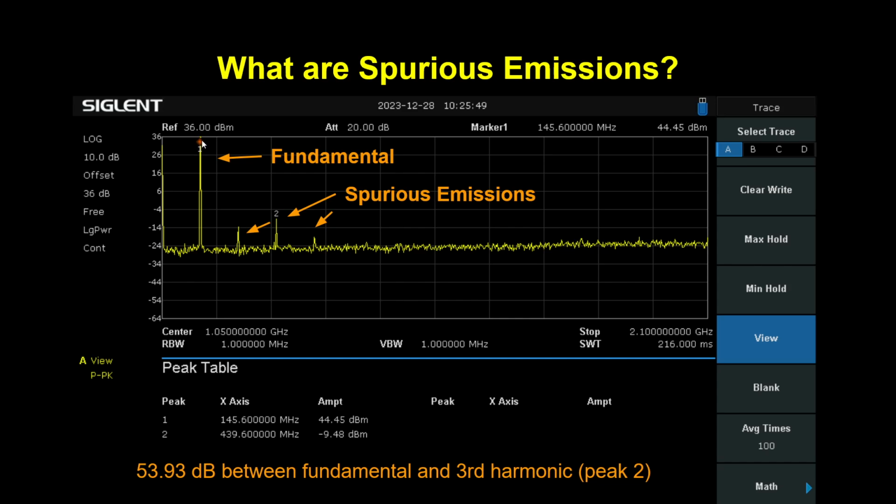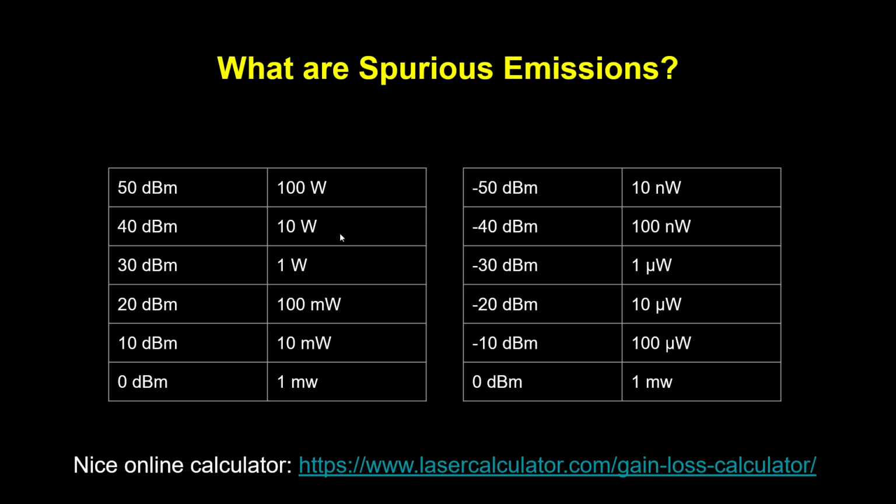So we can figure out how much wattage our fundamental is, and also how much wattage our spurious emissions are transmitted at. And if you remember the table of the dBms, here are a few dBm samples. 0 dBm is our 1 milliwatt. So 10 is 10 milliwatts, 20 is 100 milliwatts, 30 is 1 watt, and so on.